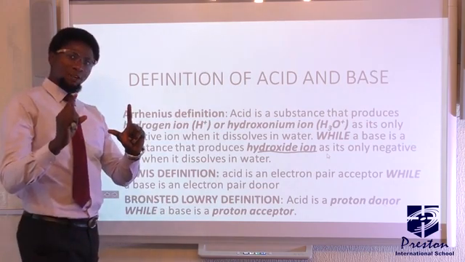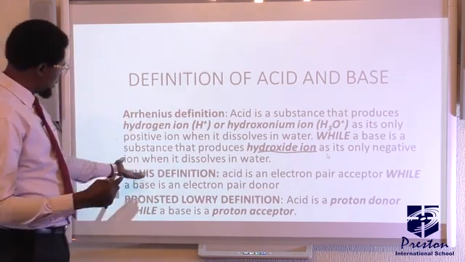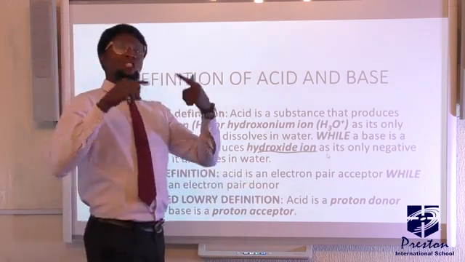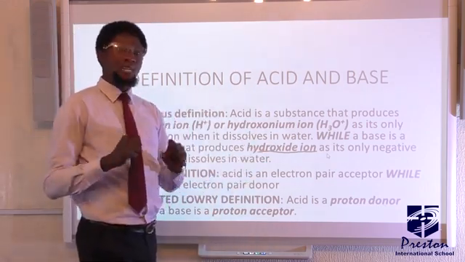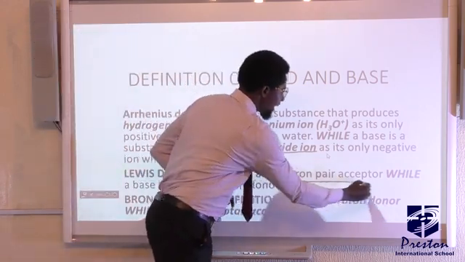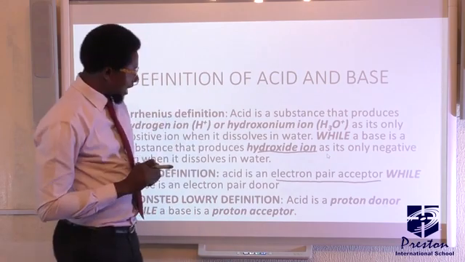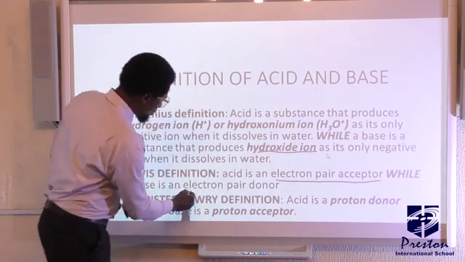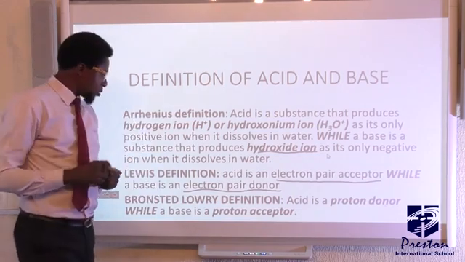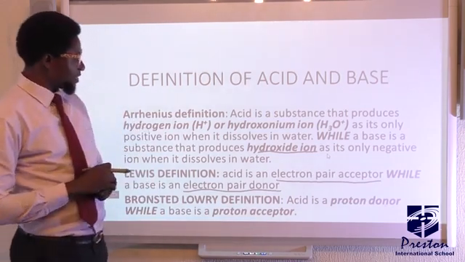Let us look at the second definition proposed by Mr. Lewis. Lewis defined an acid as a substance that accepts electron. That is why you call it an electron pair acceptor. That is an acid, while a base is defined as an electron pair donor. Then lastly, we have the Brønsted-Lowry definition of an acid and a base.